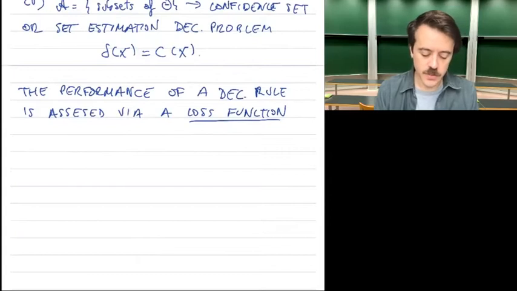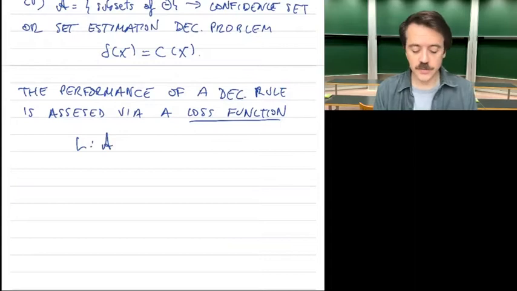And so this is going to be a mapping that goes from our action space, right? So we're going to want to assess again the performance of a delta, and delta will be taking values in the action space.